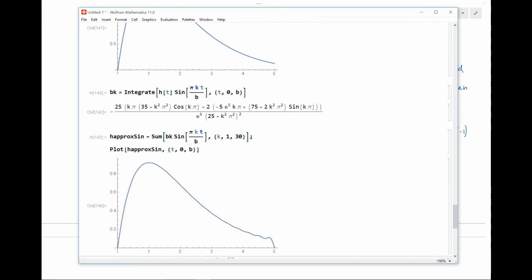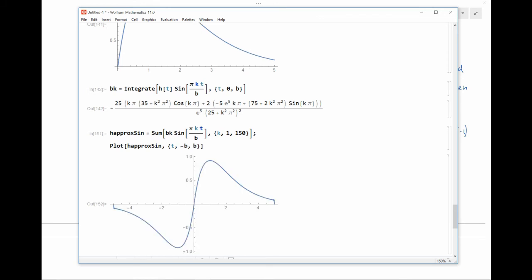Including more terms makes it better. Not so bad, but we can see that the function starts at 0 and ends at 0. And the jump discontinuity that we had at 0 is actually causing the function to have a little bit of a ripple at the end.